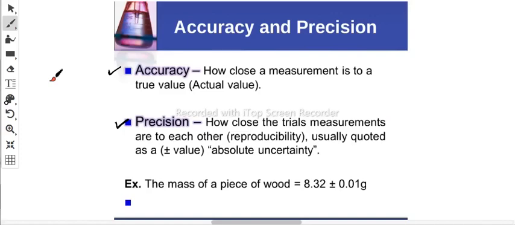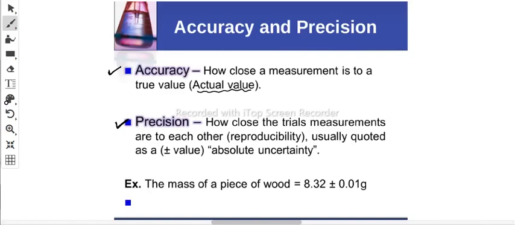When you are comparing your data to an actual value taken from the literature, which is a true value, definitely you are going through the accuracy. You can do the same if you are doing an experiment in order to obtain a constant, like Avogadro's constant, for example. So if you've got your experimental measurement value, you can compare it with the actual value, which is taken from the literature.